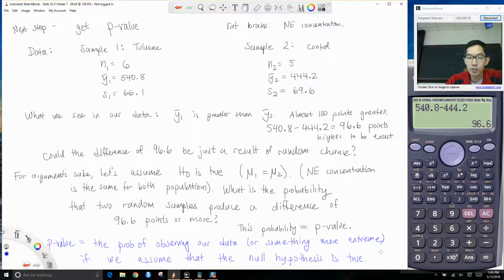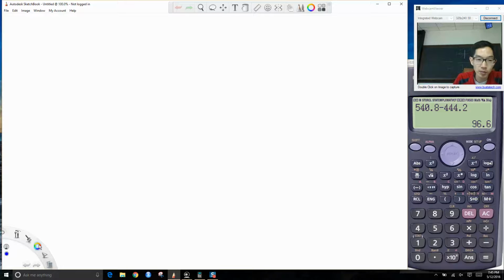All right, and so the way we calculate this is effectively, if the null hypothesis is true, then mu1 minus mu2 would equal 0. And so that means we would expect y bar 1 minus y bar 2 to be close to 0, right?